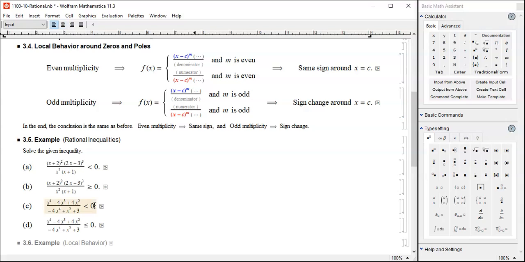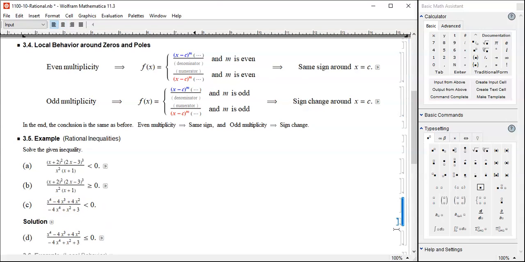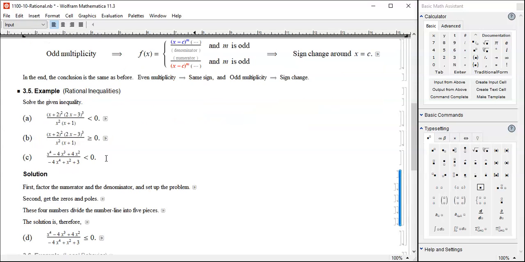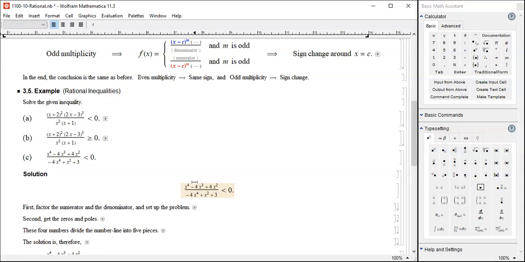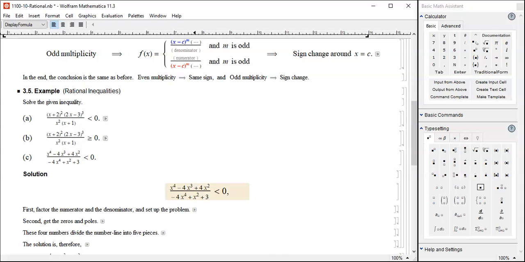Okay, let's go back to this problem. Okay, how do we do this? Copy and paste this thing. Expand the font a little bit. Okay, how do you factor this?